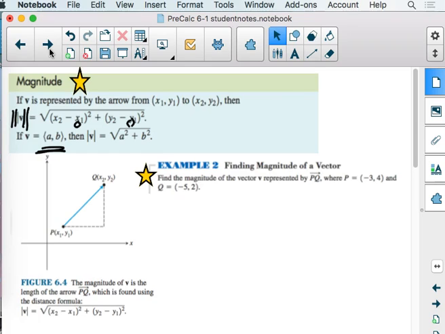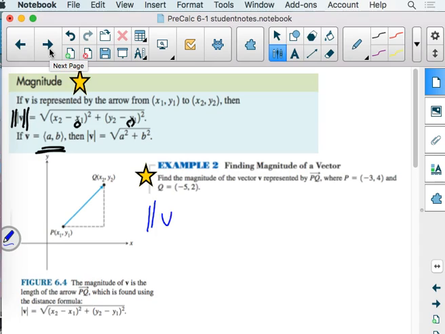So this one says we want to find the magnitude of the vector b that's represented by our vector PQ here, where P is (-3, 4) and Q is at (-5, 2). Well, there's my terminal point. So I'm not at (0, 0) for my initial point, and I just want to find the magnitude of vector b. That distance.